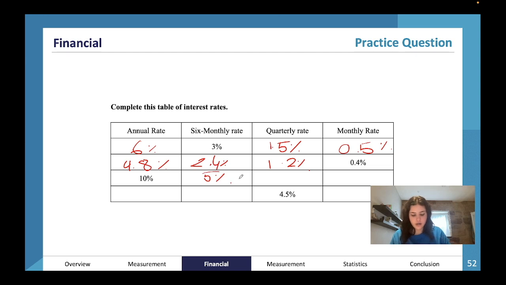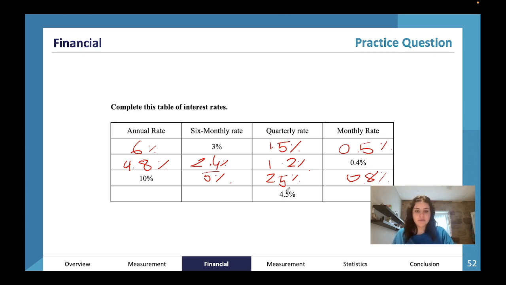We then need a quarter of our annual rate, so 10 divided by, there's 4 quarters, so divided by 4, 2.5%. And then we want a monthly rate, so we can do 10 divided by 12, and we get 0.8%.